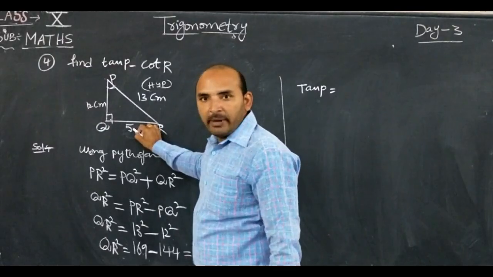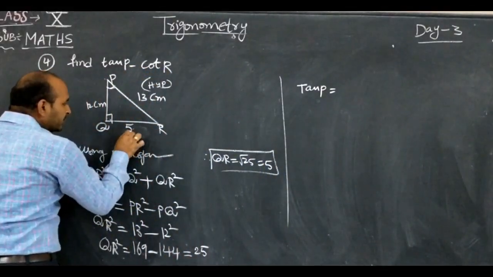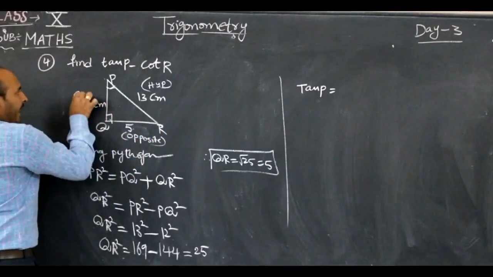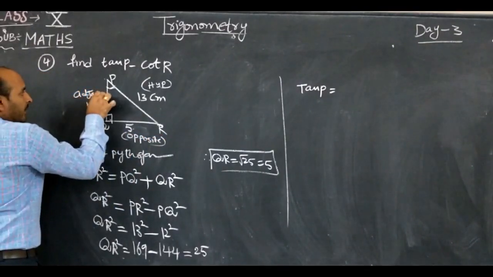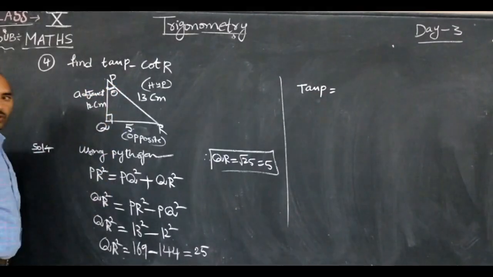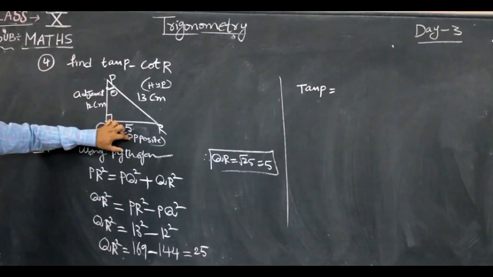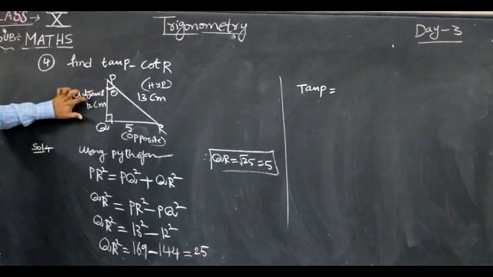This side is the opposite side, and this is the adjacent side. According to angle P, this is the opposite side, this is the hypotenuse, this is the adjacent side.